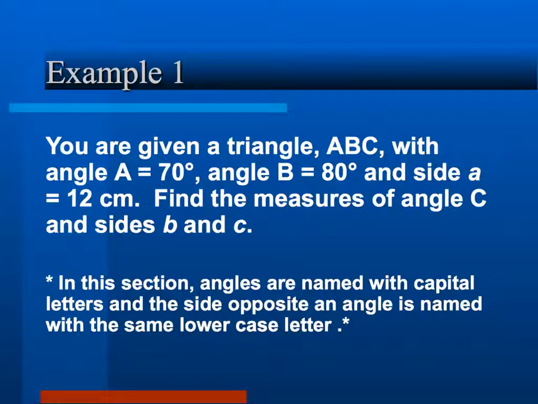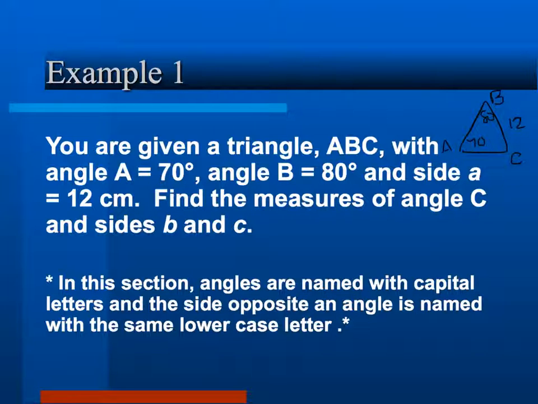So we're starting here with triangle ABC, and I'm going to do my best to draw a quick sketch in here. There's ABC, here's A, here's B, and here's C. Angle A is 70 degrees, angle B is 80 degrees, and side little a is 12 centimeters. Opposite angle A is little a, and we need to find all of the missing pieces.